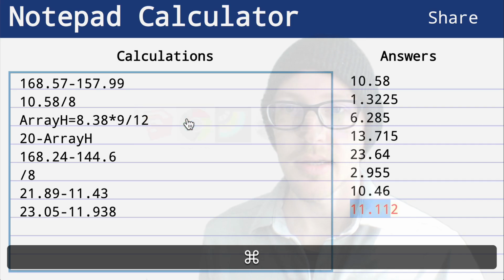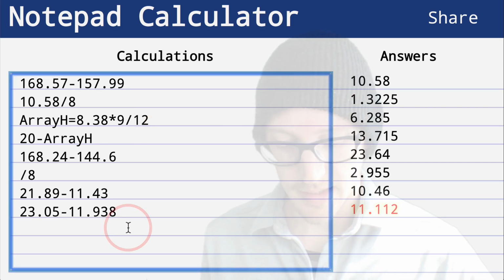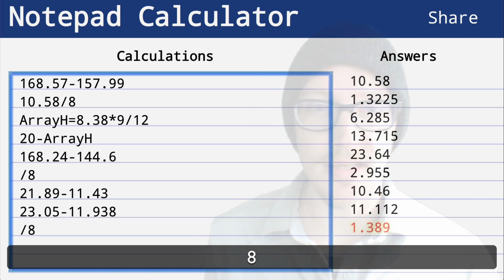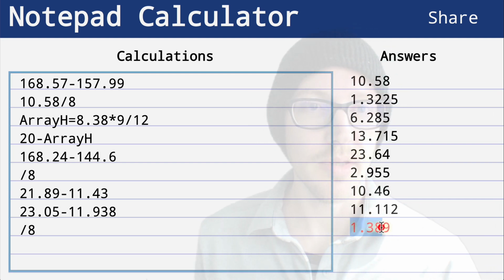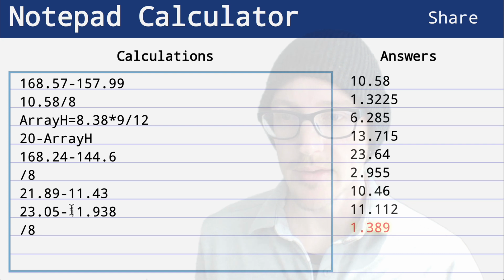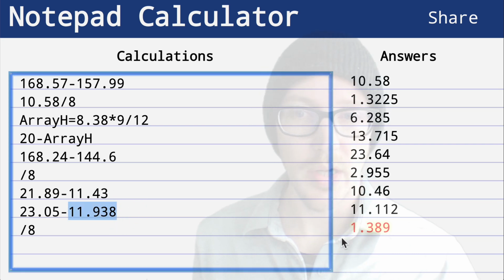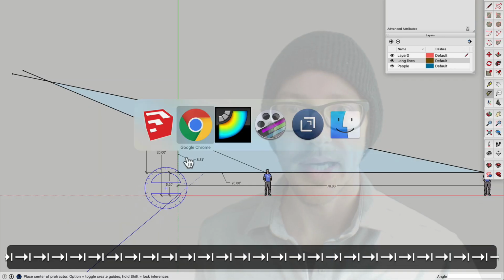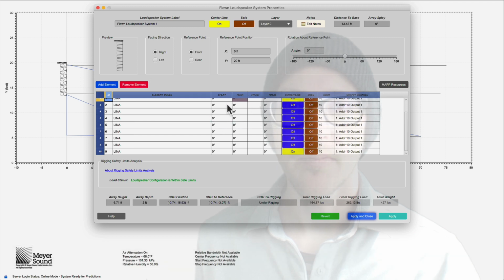And back here in my notepad, then I might say divided by 8 to give me average splay of 1.38. What did we get before? Yep, very similar, 1.32. So again, I would round down to 1. Let's go back to MapXT.